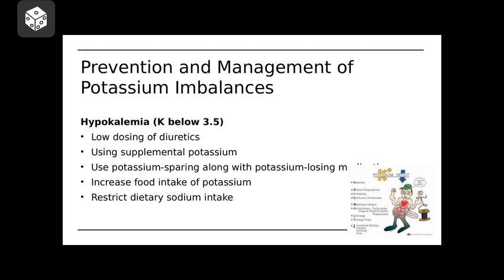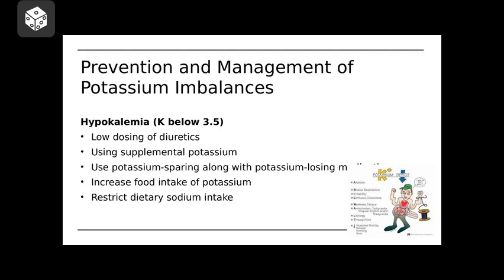So in an effort to avoid hypokalemia, we're going to do a couple things. We're going to try to use the lowest dose of diuretic possible. We are going to try to use supplemental potassium. So generally, if you're looking through your patient's meds when you're in clinical, if you see them taking furosemide or hydrochlorothiazide, you may see them taking a potassium supplement, a K-Dur or Slow-K.